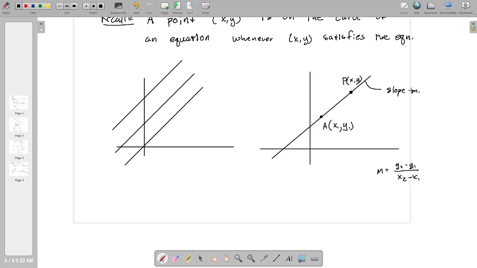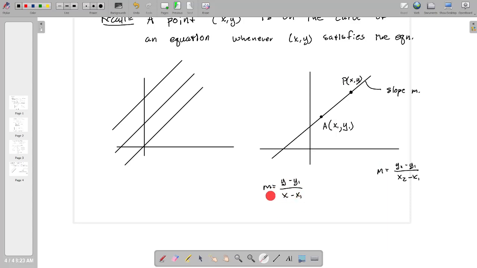So if we know that our slope is m, we know our m is going to equal (y minus y1) over (x minus x1). Noting that we already know what the slope is, so we know what m is, and we know that P is on the line and A is on the line, so they must satisfy this equation.